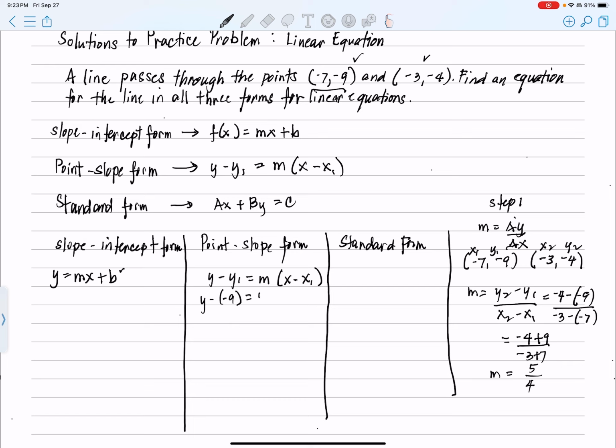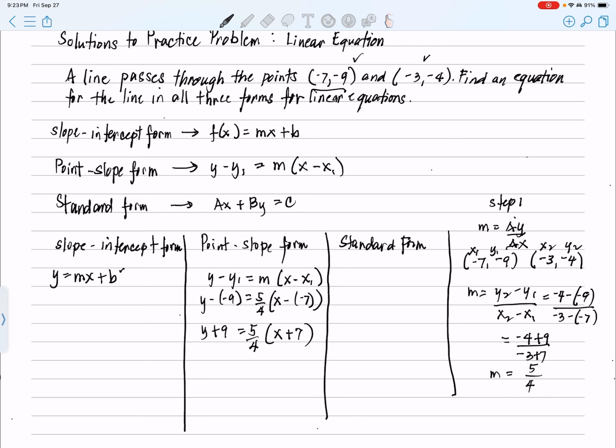The slope is 5 over 4 times x minus x sub 1 is negative 7. So we have y plus 9 equals 5 over 4 times x plus 7.